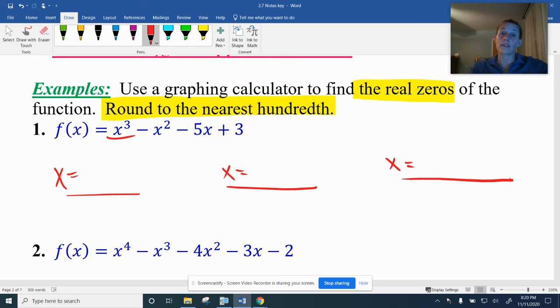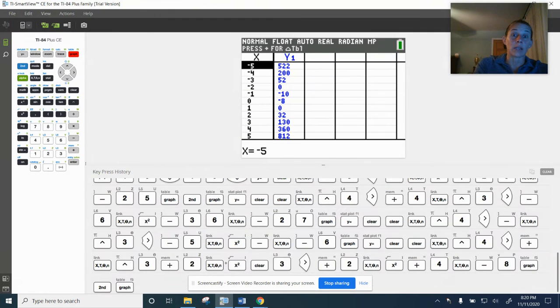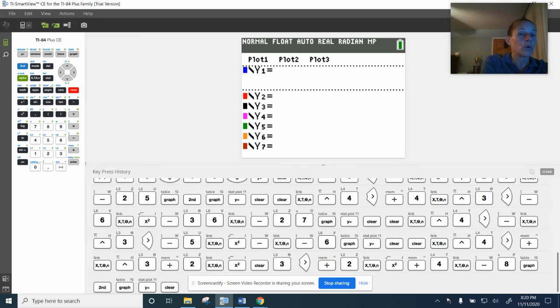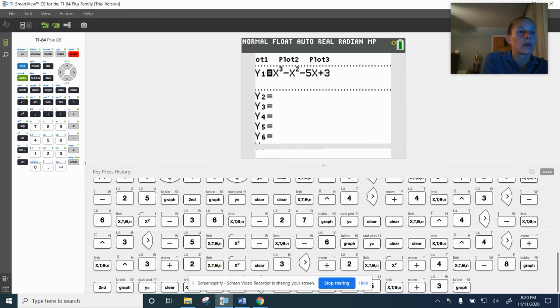So let's put it in the graphing calculator and see how many of those are something that we can actually find. So we go to our y equals, we're typing in x raised to the 3rd power minus x to the 2nd power minus 5x plus 3.